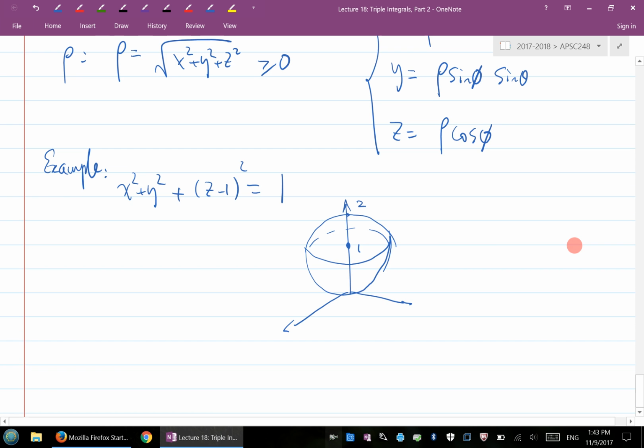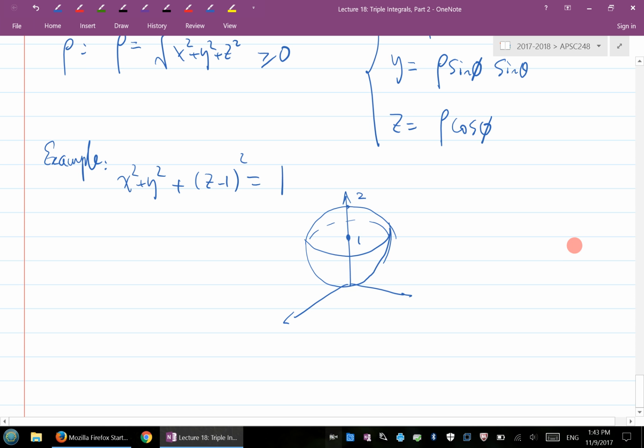Now if I wanted to write the same sphere, but not using Cartesian coordinates, instead using spherical coordinates, then what's the equation or expression for this same sphere in spherical coordinates?